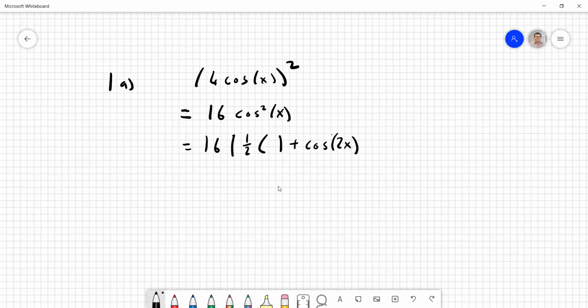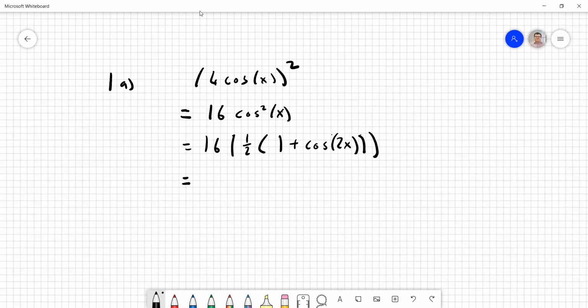So remember, when we are using this, to be careful, cos squared A is equal to a half brackets 1 plus cos 2A, close brackets. And so we can put this in, taking care to close all of the brackets.